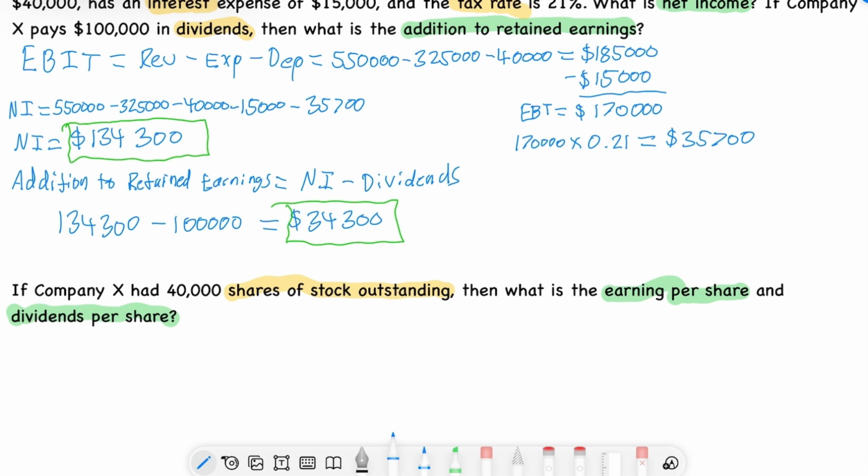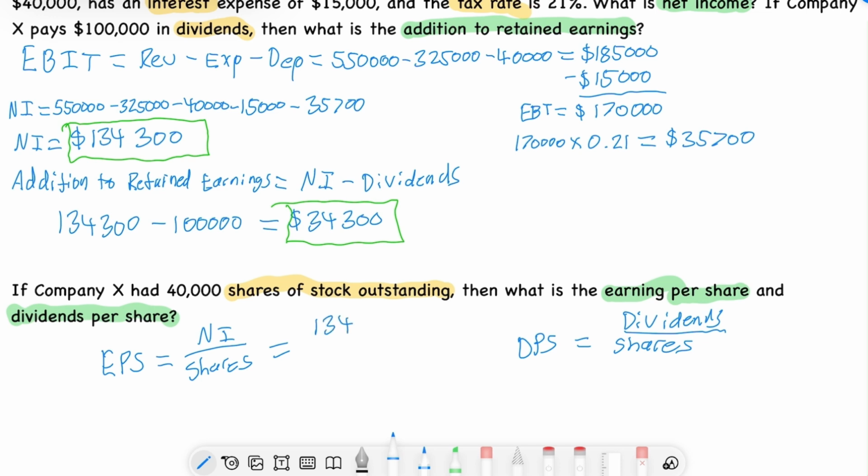So we have 40,000 shares of stock. Earnings per share is just our net income divided by the shares outstanding. Dividends per share is pretty similar. It's going to be our dividends over the shares outstanding.